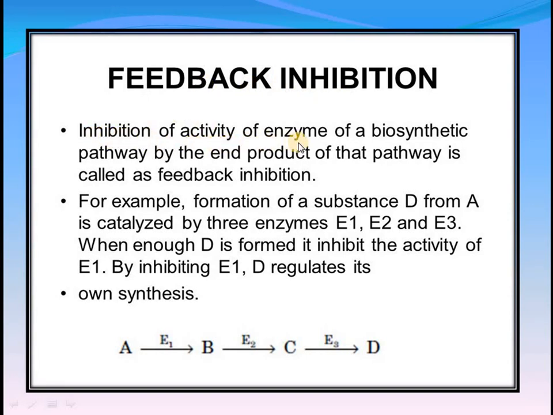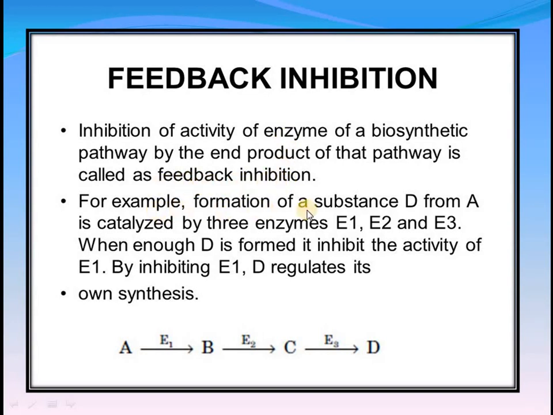Inhibition of the activity of enzyme of a biosynthetic pathway by the end product means this passes through a biosynthetic pathway. Different actions उसके अंदर होंगे, ठीक है. By the end product of that pathway, now this end product, it will inhibit the action of enzyme activity, is called as feedback inhibition.